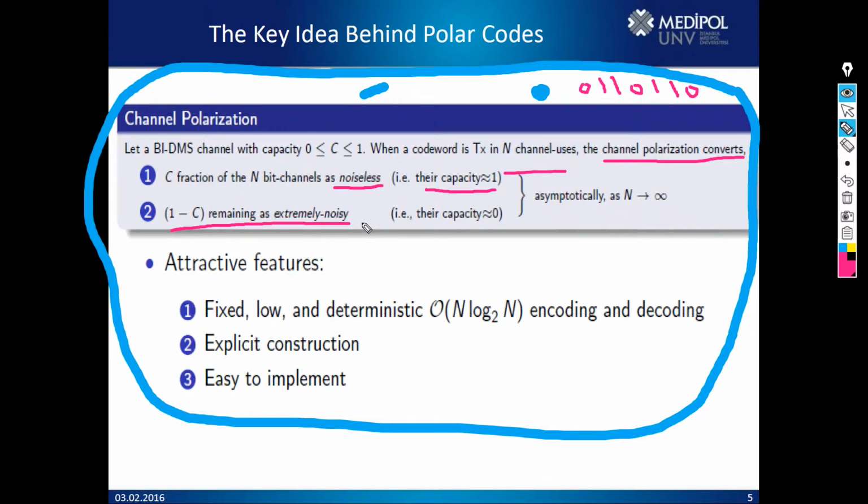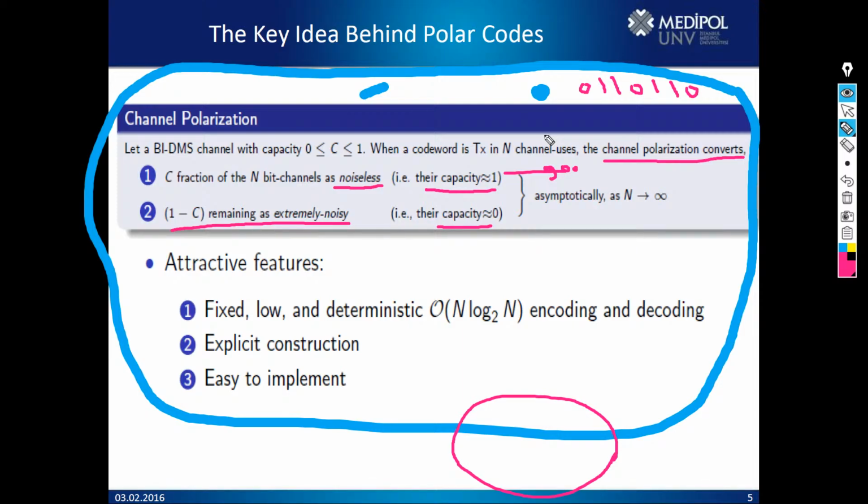Now, what do you think this new concept that we call channel polarization, how is that related to the previous phenomenon that I explained about wireless channel? Don't you think that it's relevant? They are almost the same. When I say noiseless, it means they have good channels. You can transmit over them because whatever you transmit there, most probably you are going to receive.